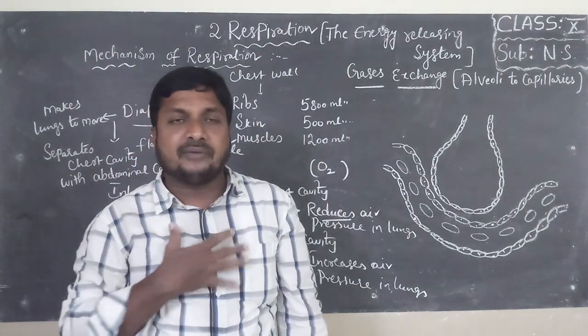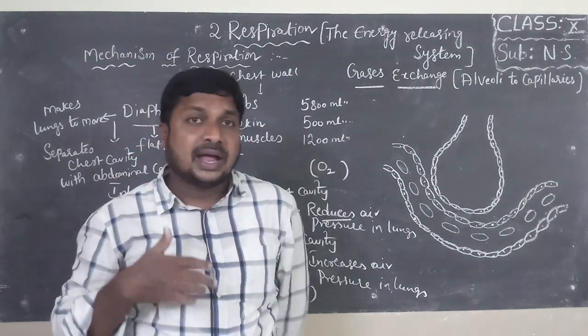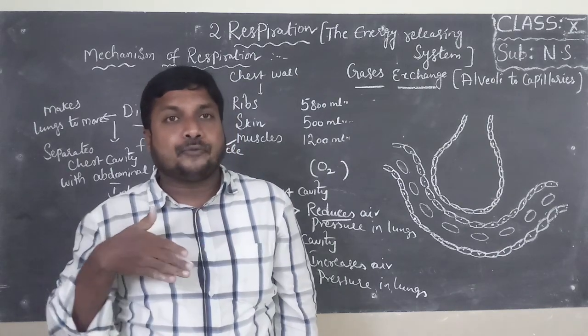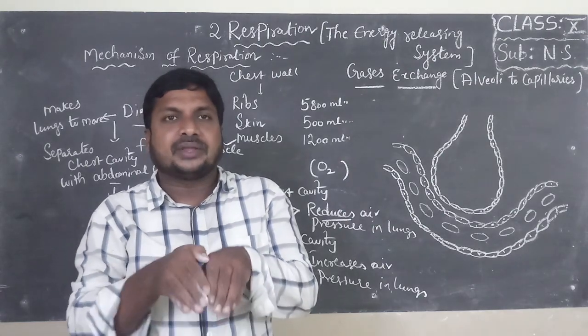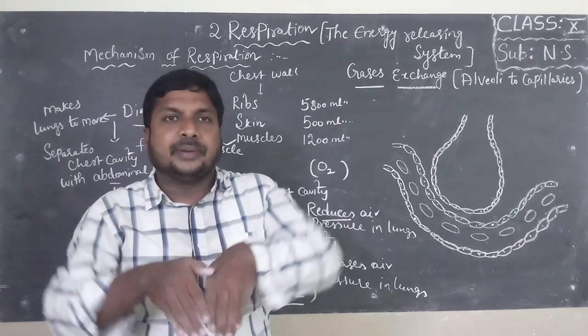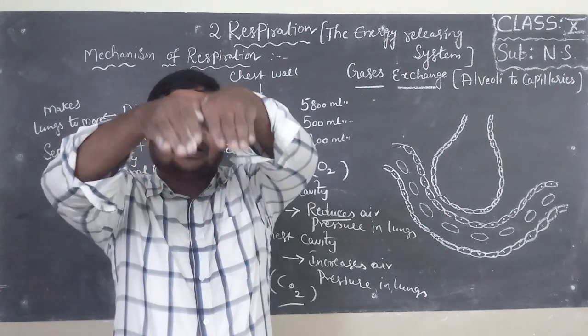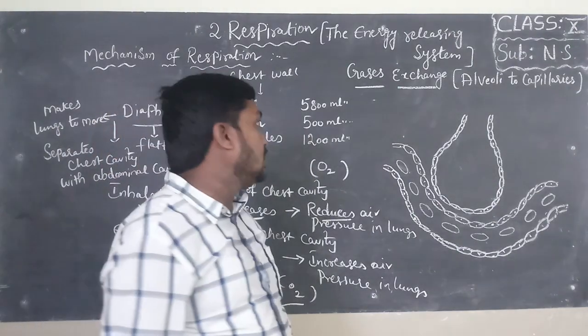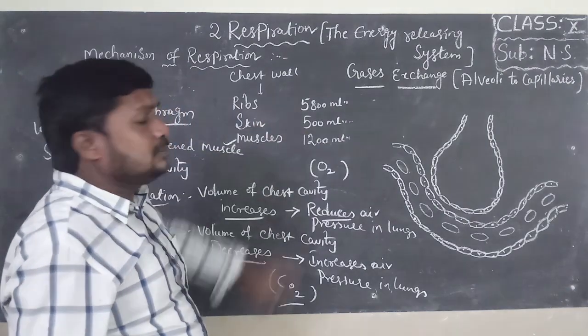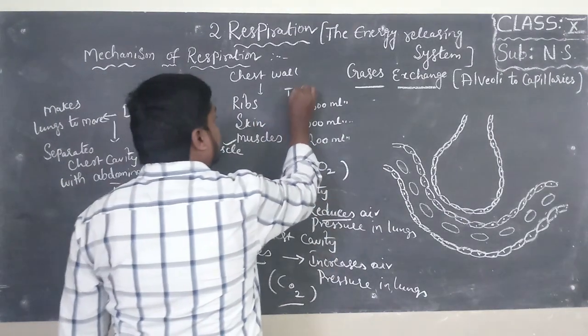Think our chest cavity is a room, and this is a floor. At the time of inhalation, the thoracic cavity will be flattened, and at the time of exhalation, it will come to normal position, that is the dome shaped structure. So if you observe the total capacity of lungs.